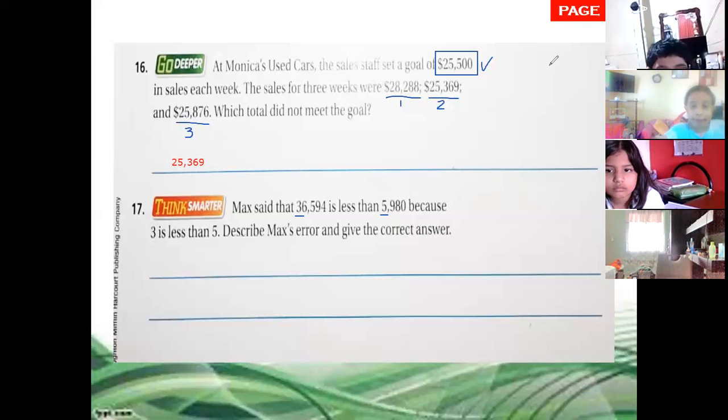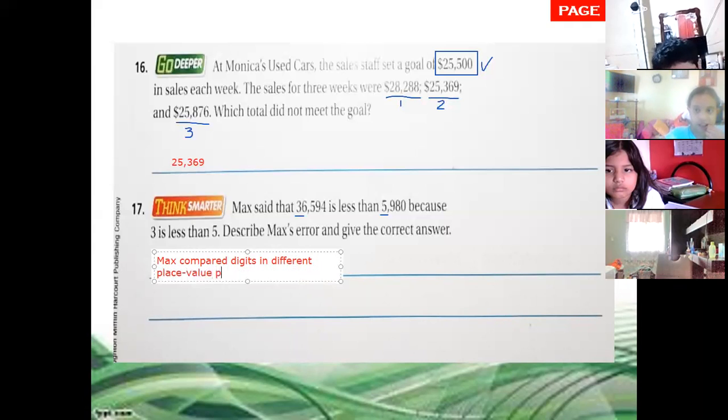The 5 is 1,000. And the 3? So what is the problem? Max compared digits in different place value positions. That's the problem.